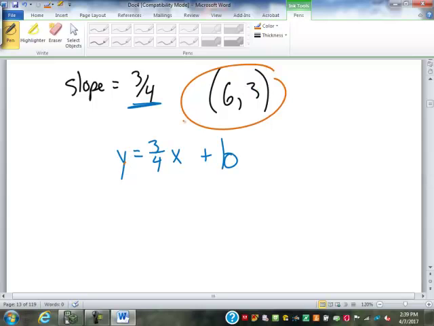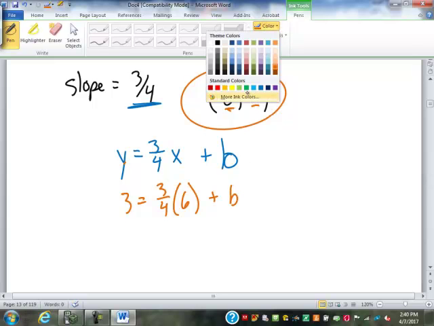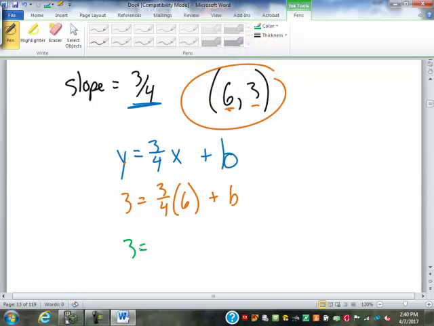For y, we put in the 3. For x, we put in the 6. And we solve for b. So 3/4 times 6 is going to give us 4.5.